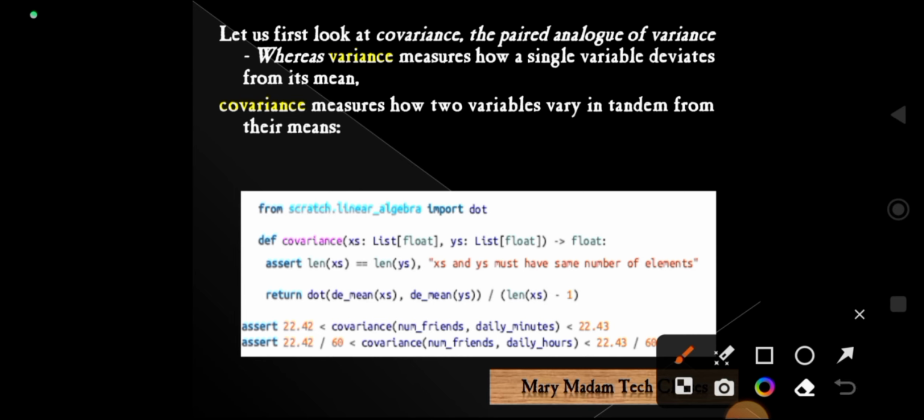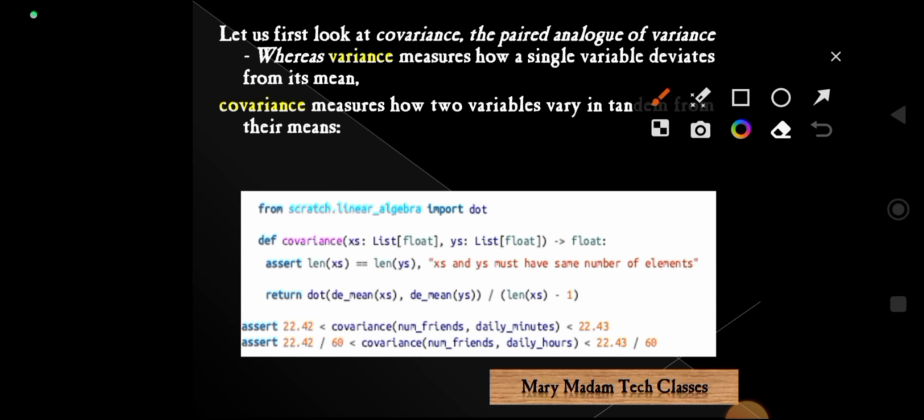If we observe here, the covariance is calculated with two measures, number of friends and daily minutes, and the output comes between 22.42 and 22.43.